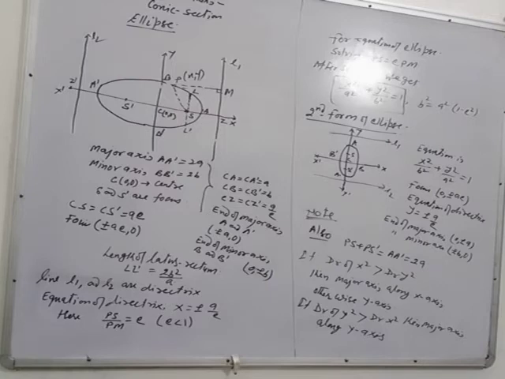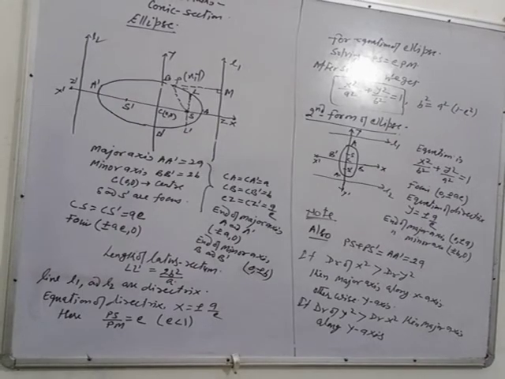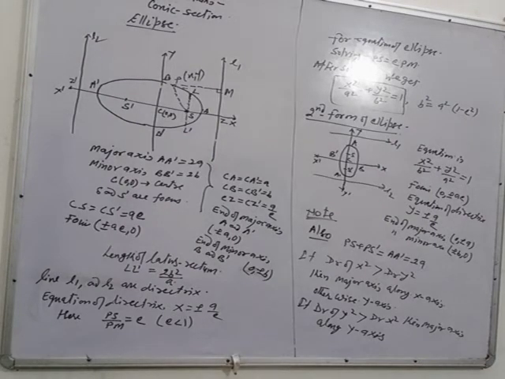So the combined equation for both directrices is y equals plus or minus a by e. The ends of the major axis A and A dash on the y-axis are (0, ±a), A is (0, a) and A dash is (0, -a). The ends of the minor axis B and B dash are (±b, 0).